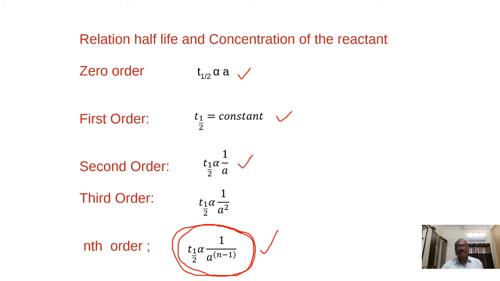It is second order. If concentration is doubled, half-life becomes 1 by 4. That is third order. Like that, they are the relation between the half-lives and concentrations of reactant. And by observing just the data, we can determine the order of reaction.